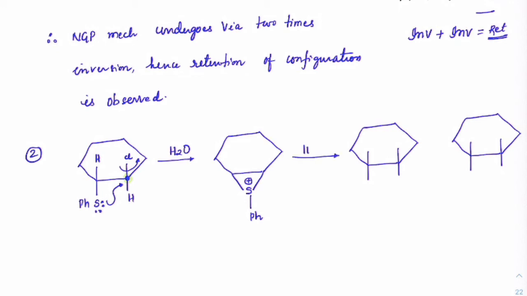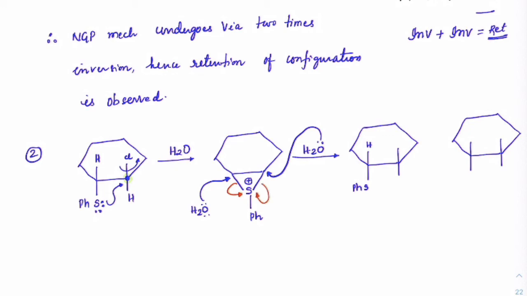And now when H2O attacks, got it? H2O can attack either from this side because that is equivalent, or from this side. If it attacks here, it will remove this bond; if the attack is from this end, this bond will break.